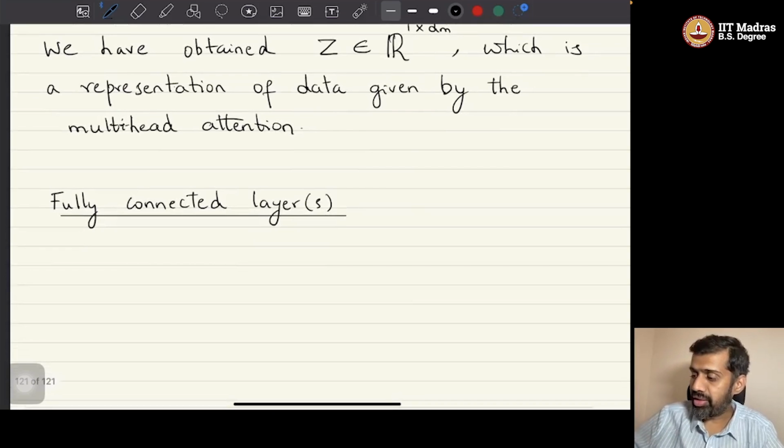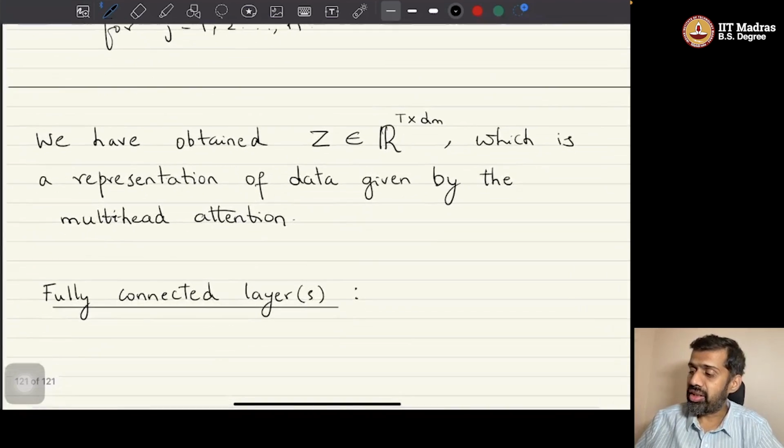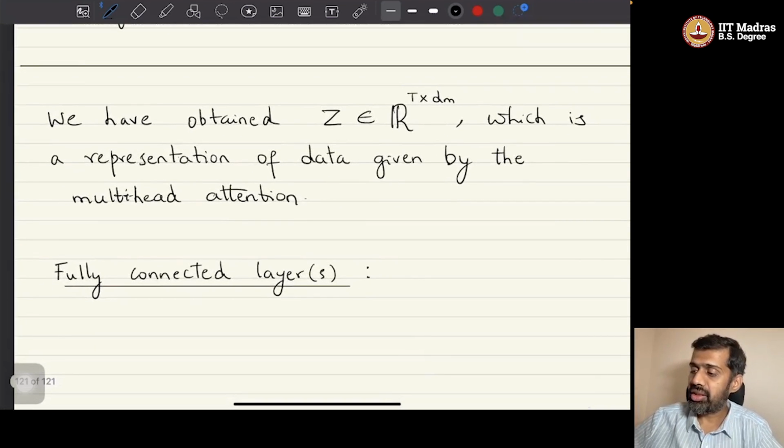How do we do it? One other thing to be noted is that these fully connected layers are applied separately for each of the tokens. Once there is an attention layer applied, we have Z, which is a representation of the input tokens, all of them in dm dimensions, and there are T of them, because capital T is the number of tokens in the input.